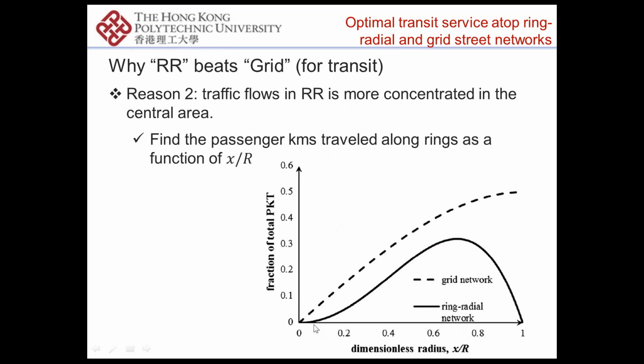This axis indicates the distance of the location from the city center. And the vertical axis is a fraction of the total PKT. The PKT is the passenger kilometers traveled.